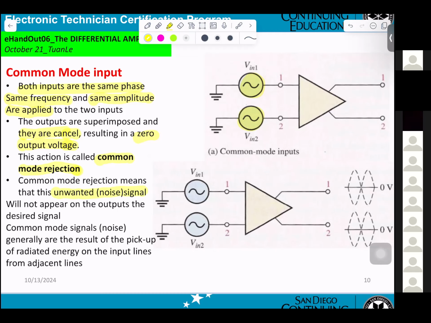So that's why it has to be canceled out and will not appear on the output, the desired signal.